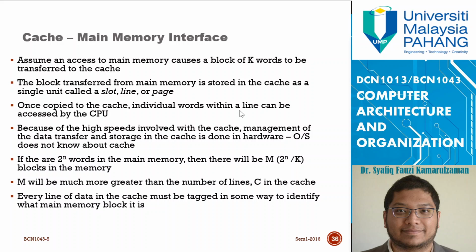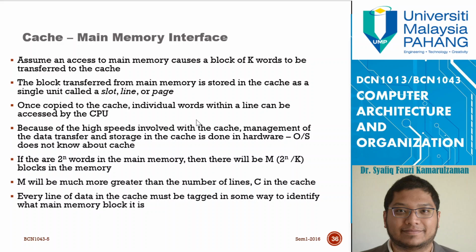When we look at the cache memory, it is not a big memory. They usually use it to refer to a certain area inside the main memory. Assume an access to the main memory causes a block of k words to be transferred to the cache.